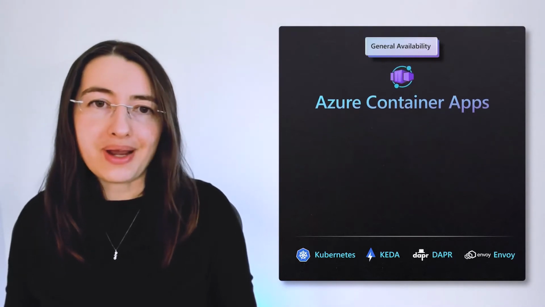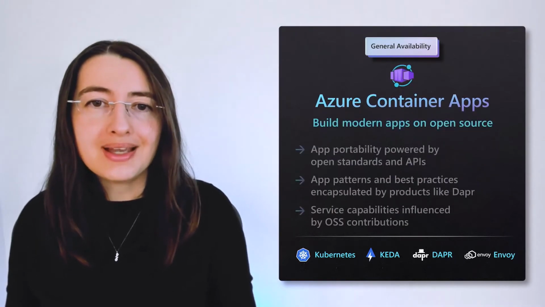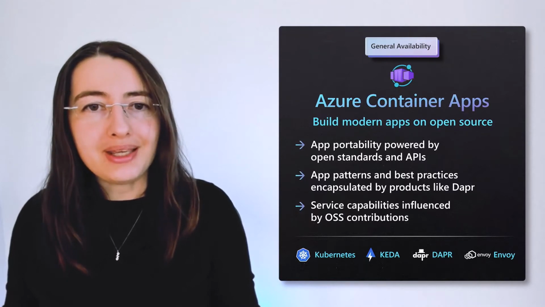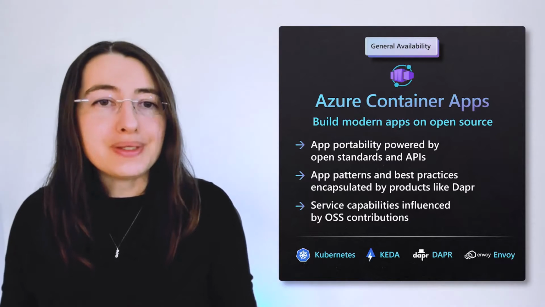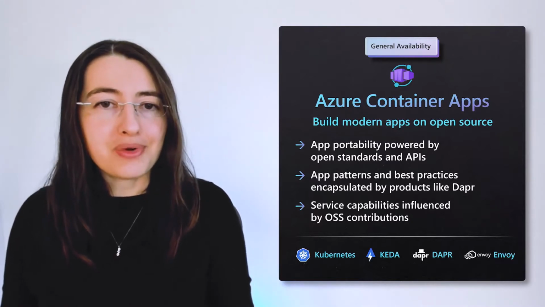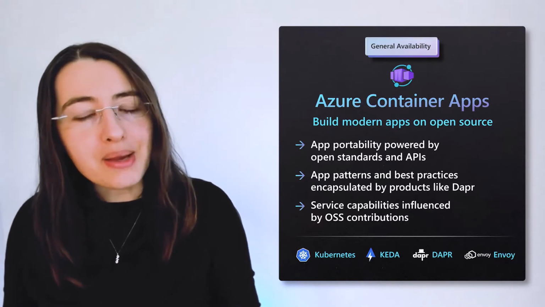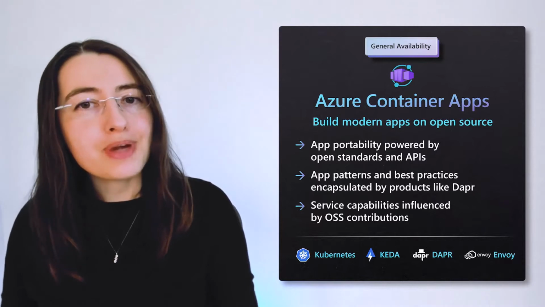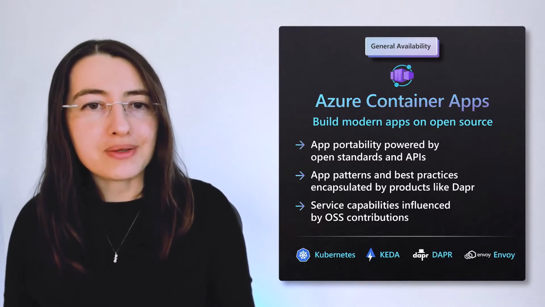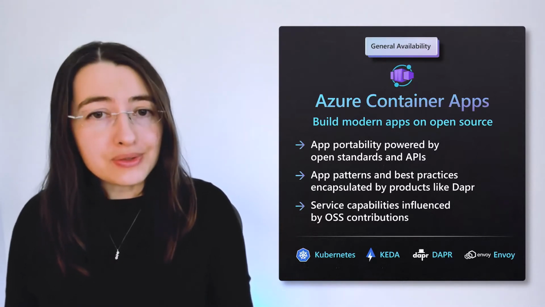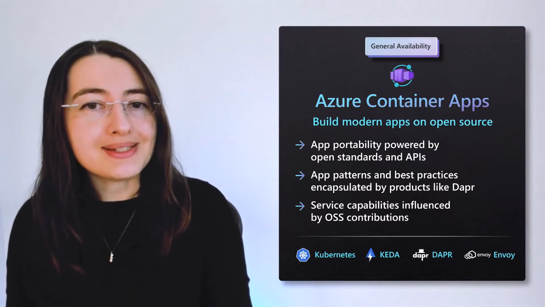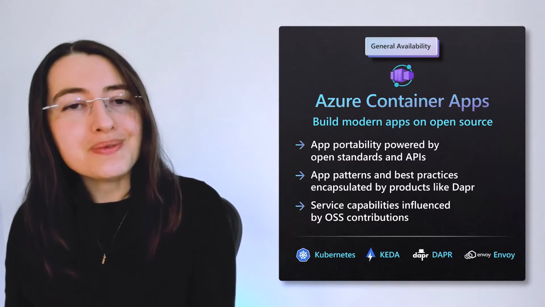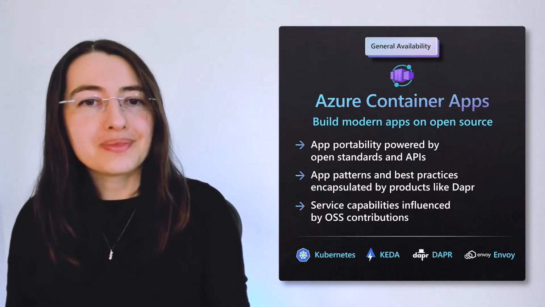Building Azure Container Apps on open source unlocks app portability powered by open standards and open APIs. The Distributed Application Runtime, or Dapr, is a great example for encapsulating best practices for cloud-native microservice standards, including service discovery, pub/sub message broker integration, encryption, observability, and more.